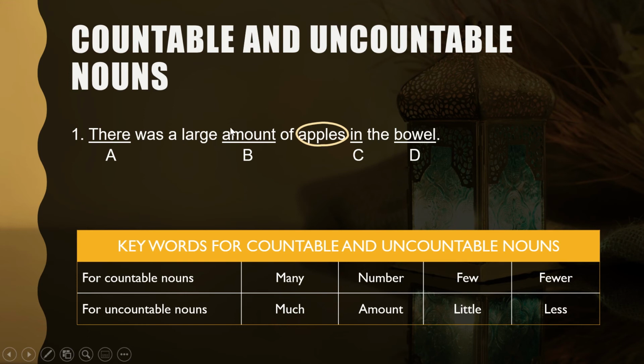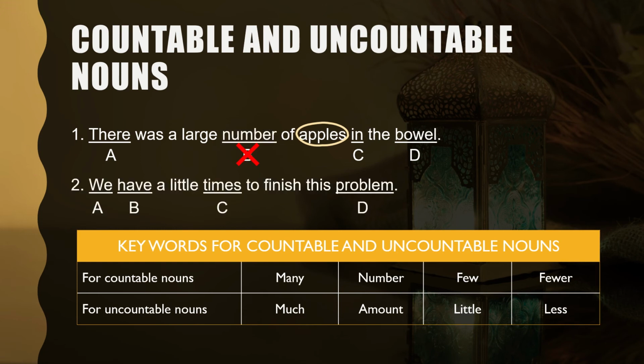Let's see the modifier here. Amount. Amount is used for uncountable nouns, so it must be wrong. And you have to change amount becomes number.